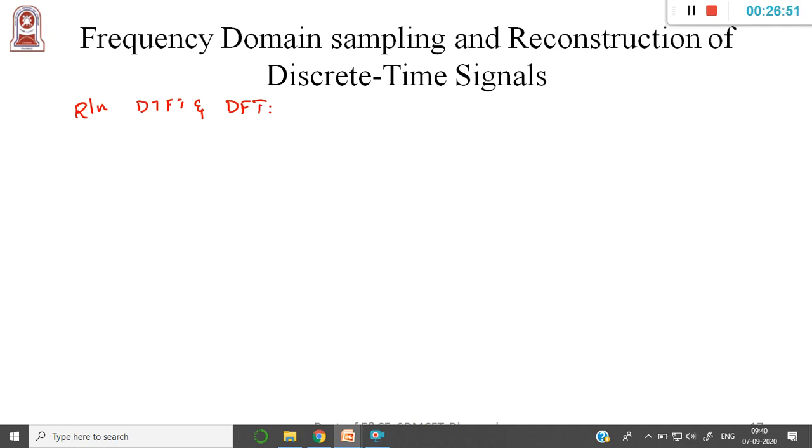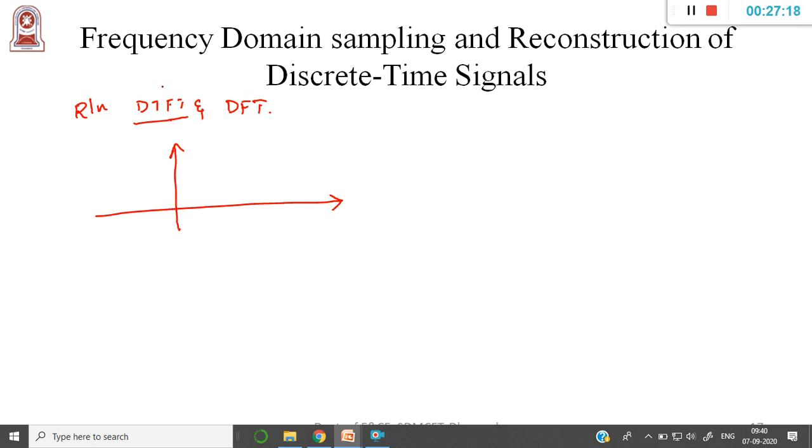Now, before going into this, I'll give a small analogy of why we consider that periodic signal, and why we go for sampling in the frequency domain. As I told you, the DTFT signal, what type of signal is it?